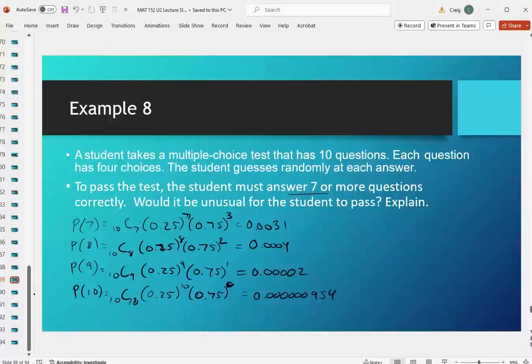Okay, but we can add all of these up and clearly see that it is not equal to 5%. And so, yes, it would be unusual. There's only a 0.3% chance. This is 0.31% that you can guess 7 of them right. Okay, only a 0.04% chance that you can guess 8 of them right, and so on. And so it would be really unusual for you to be able to guess and pass the test.